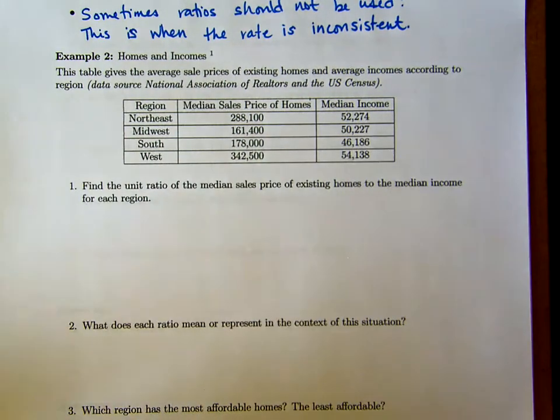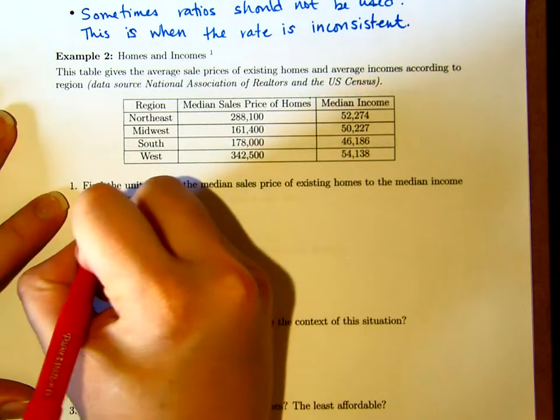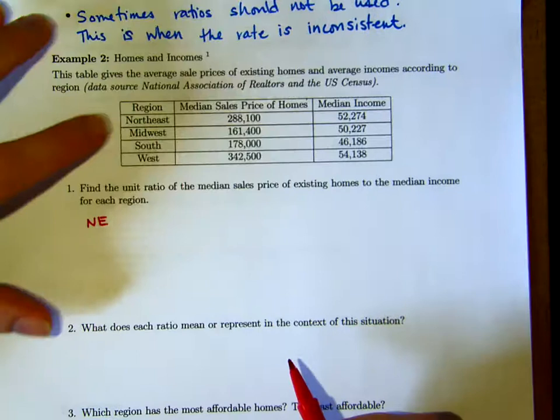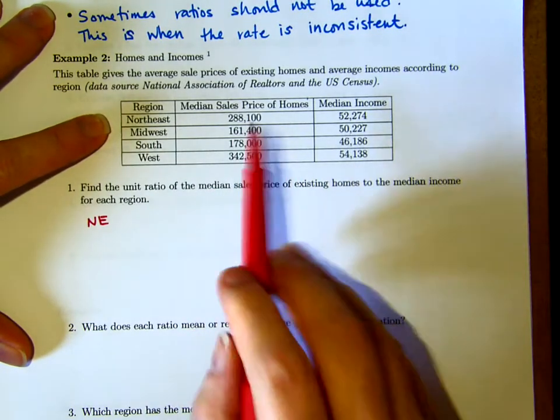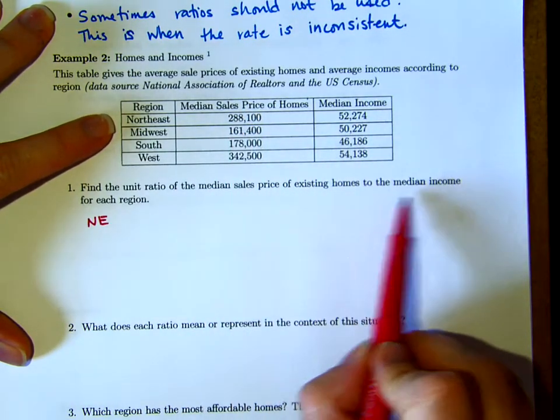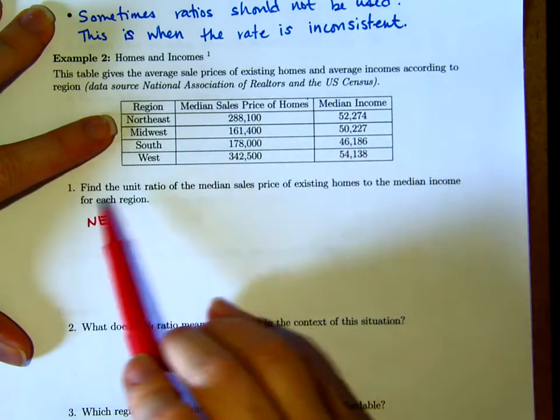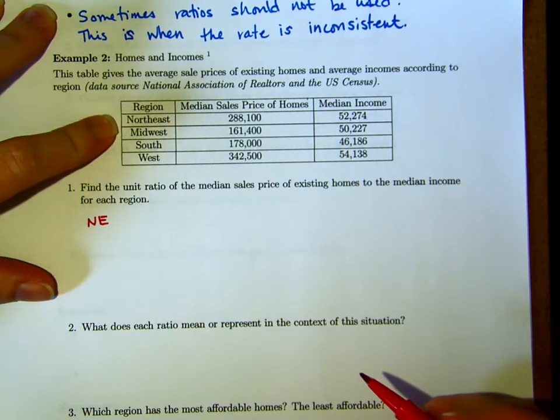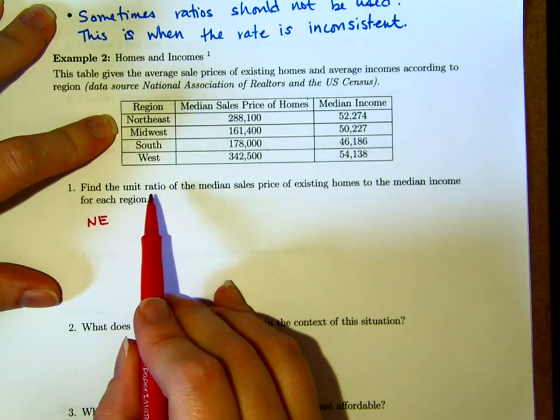Let's look first at the Northeast region. Median sales price of the home to the median income. But we need to turn it into a unit ratio.